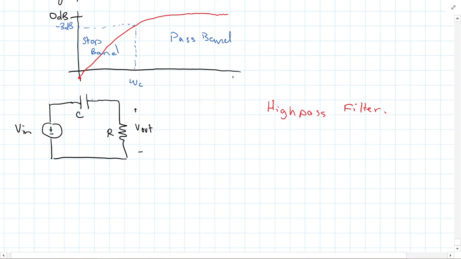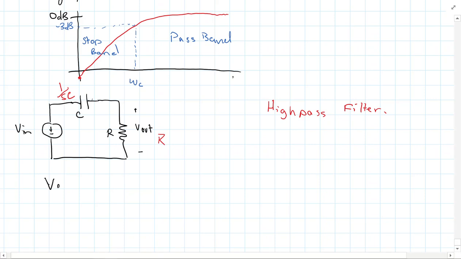So I've got my capacitor, and remember, of course, we need to put things in Laplace domain. So this would be 1 over SC, and this would be just R. And then again, to get the transfer function here, it's going to be a pretty simple thing.